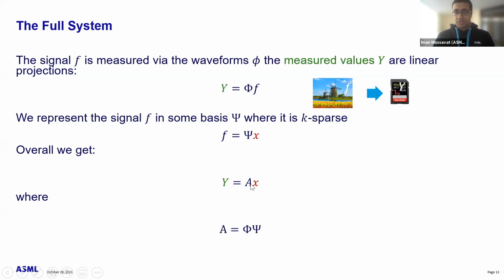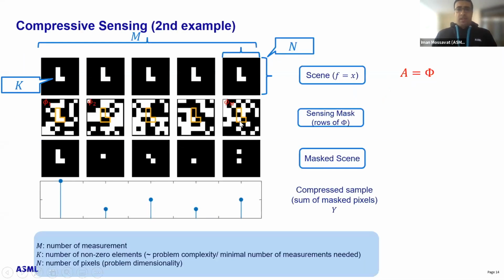And that is essentially just a linear relation, A equal to phi psi. So again, if I look into, as an example, this was my image, this is Y, and the phi here is these random images. And here A equals phi because the image itself is sparse. So there is essentially no transformation involved to go to a sparsity.